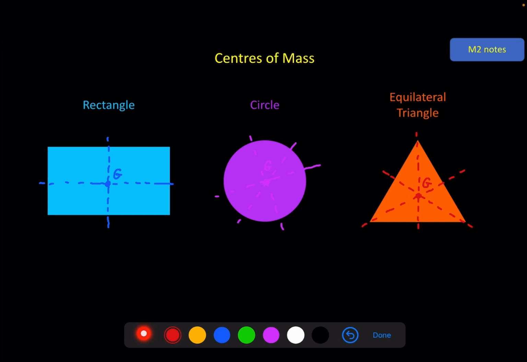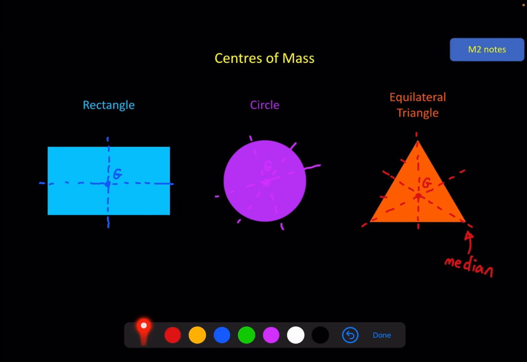So let me stop to give you a bit of information. These lines here, they have a name, and that is a median of the triangle. What that means is it goes through a vertex, and it cuts the opposite side of the vertex exactly into two equal pieces.